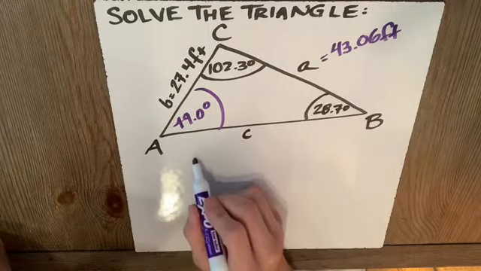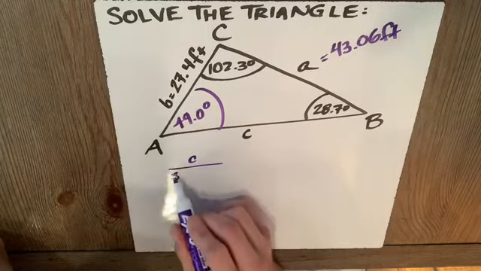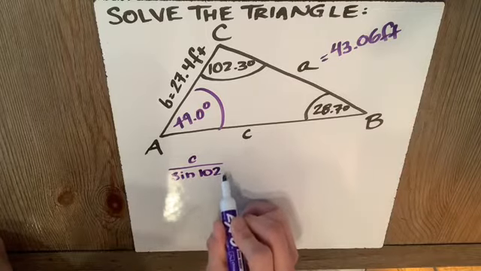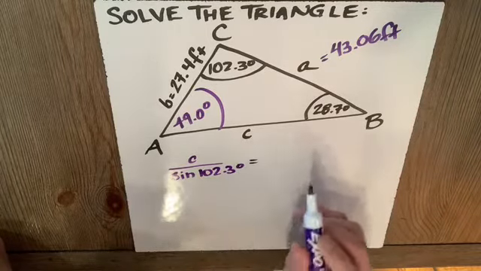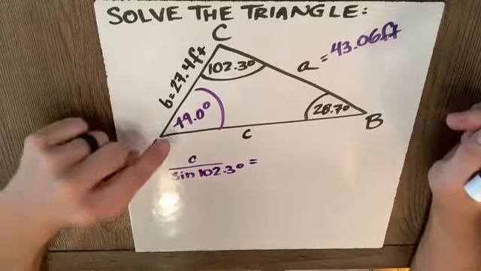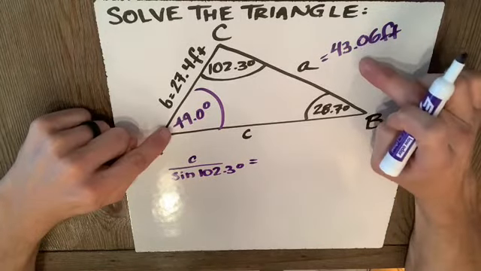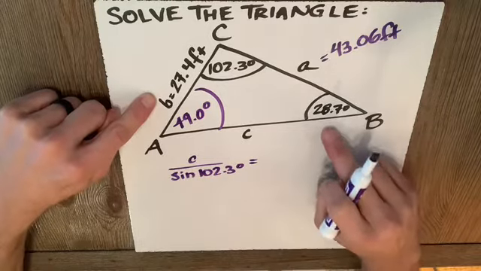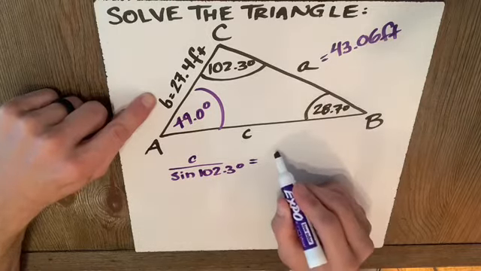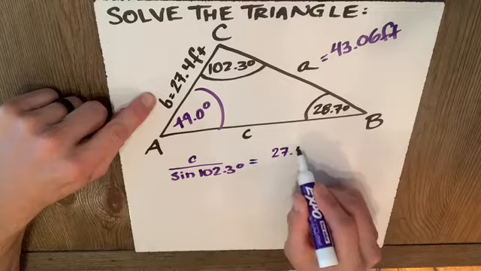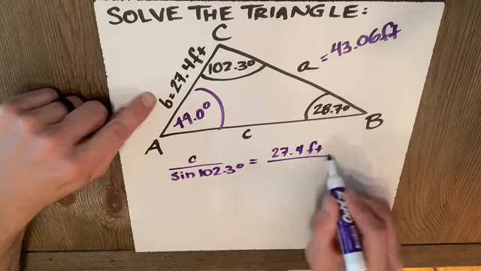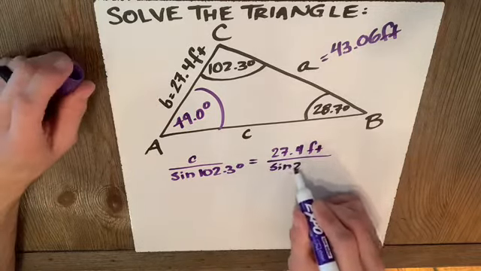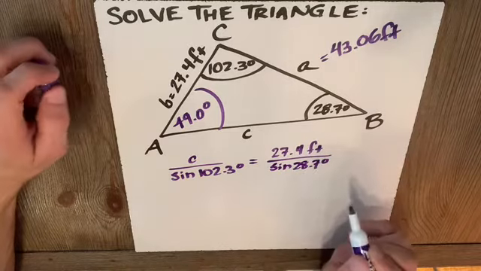And I could say C over sine 102.3 degrees is equal to, well, you know what? I calculated this and I calculated this, and I think they're right. But why don't we go back to the given information, because I know this is right. So I can say that B is 27.4 feet over the sine of 28.7 degrees.